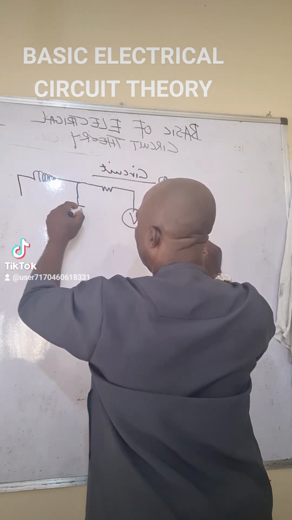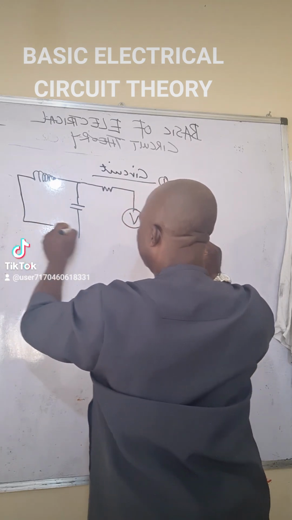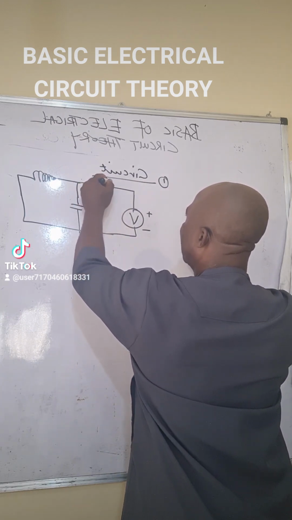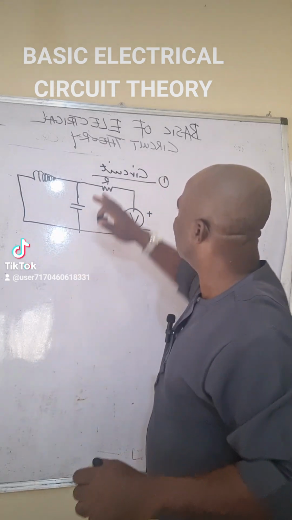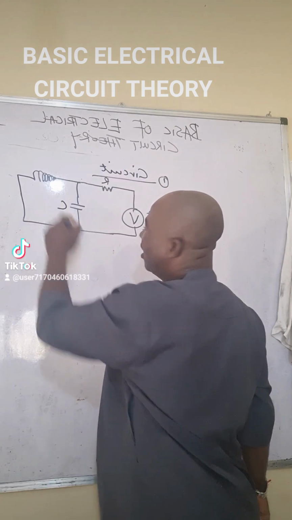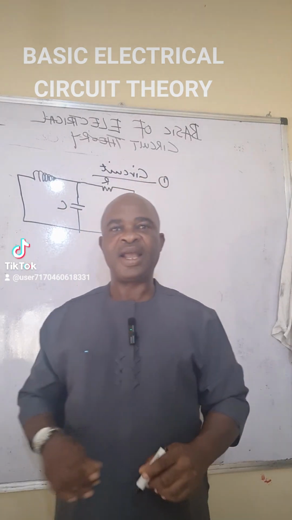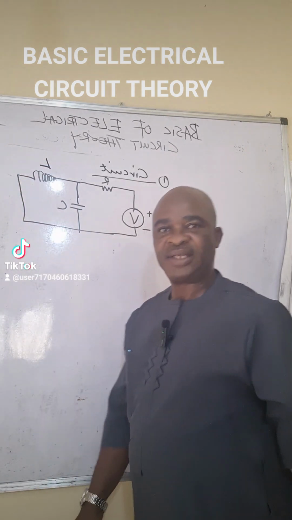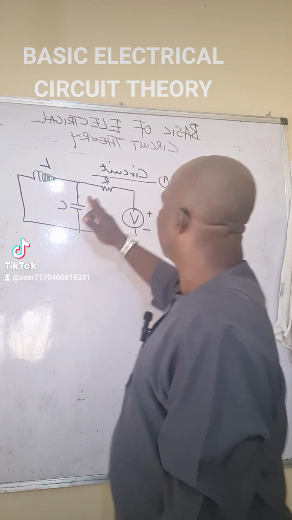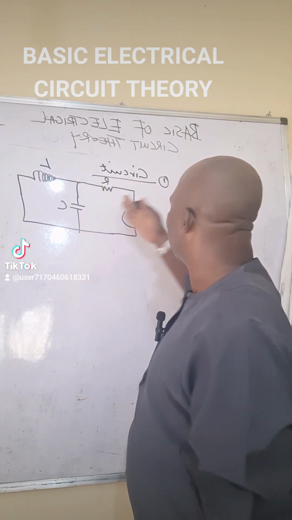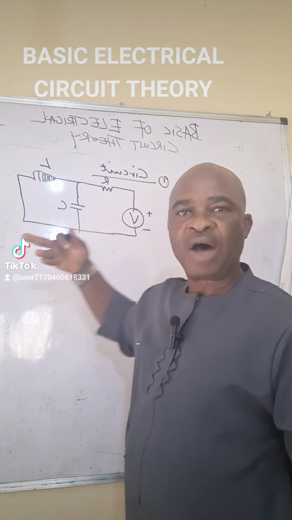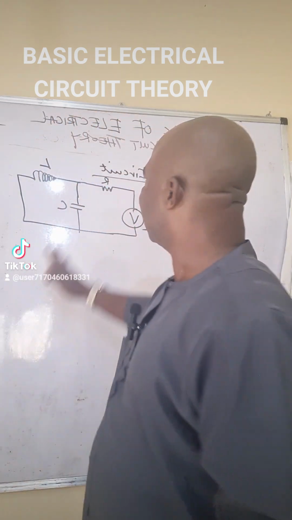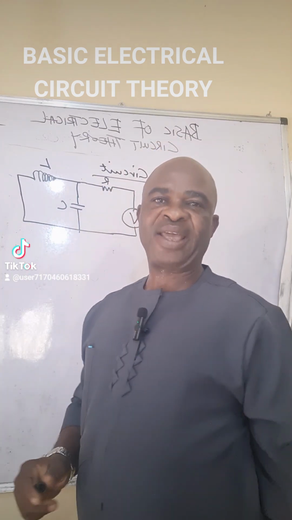R signifies the resistor, C signifies a capacitor, and the inductor is denoted with the symbol L. So this is a complete circuit. You can see the voltage source, which brings about the current that flows along this closed loop or path. So this is how a complete circuit looks.